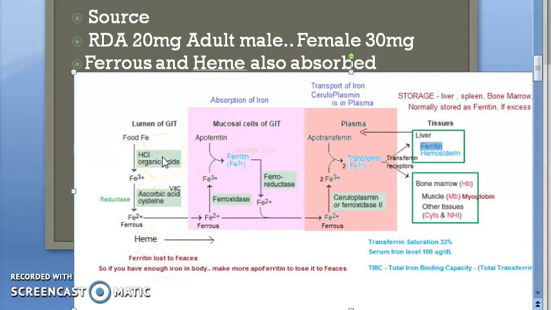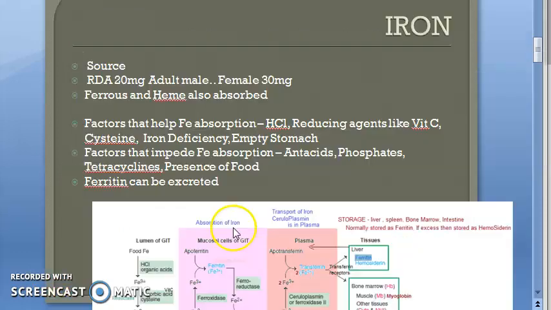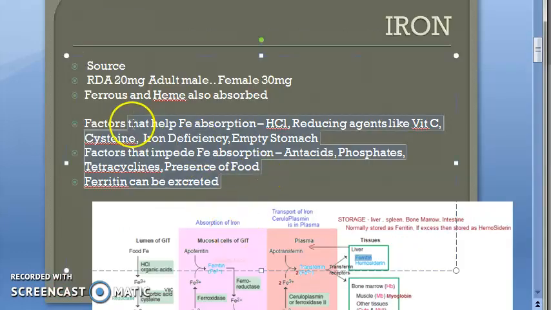Phosphates also complex the iron and impede absorption. Then if you're taking phytates or tetracyclines, iron absorption is also hindered. Okay, so let us make a note of that here. So we have covered the factors that help iron absorption and the factors that impede iron absorption.